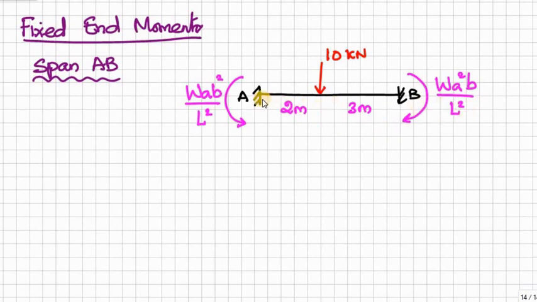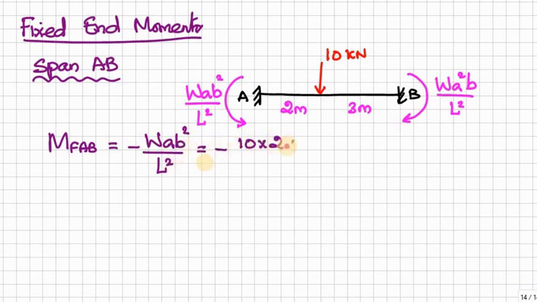Here a is 2 meter and b is 3 meter. Therefore, fixed end moment MFAB is equal to, because this is an anti-clockwise moment, minus W a b squared by L squared, which is equal to minus 7.2 kilonewton meter.